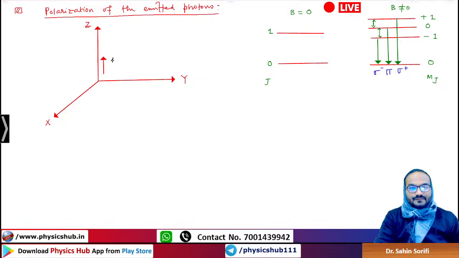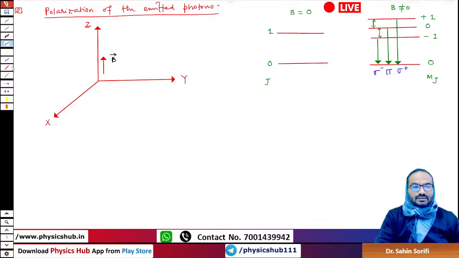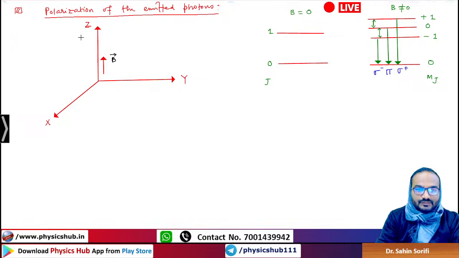And this is B. Now, if you observe it in a parallel direction to the applied magnetic field, so how do the sigma plus and sigma minus look?